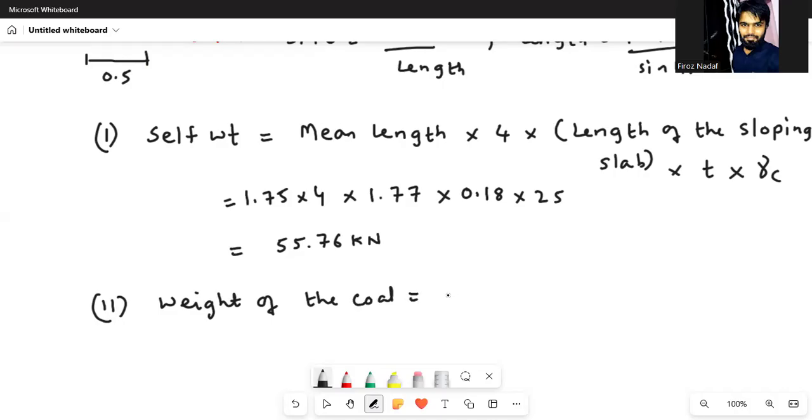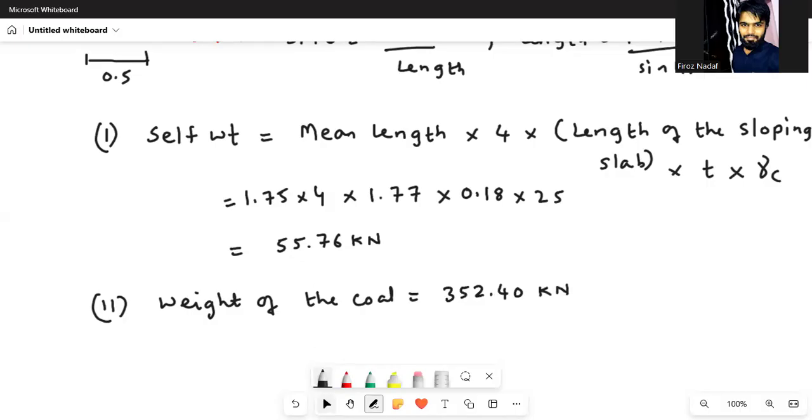And we have seen in the previous class, weight is given as 350 kilonewton, and we have changed the volume. So when we have changed the volume, weight is also increased. So the weight of the coal is 352.40 kilonewton.